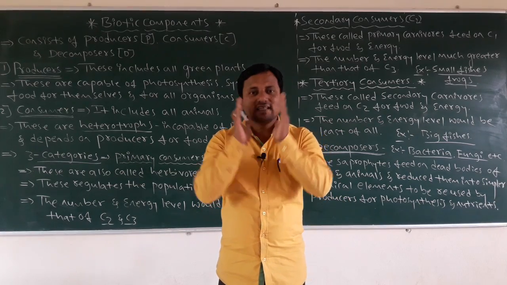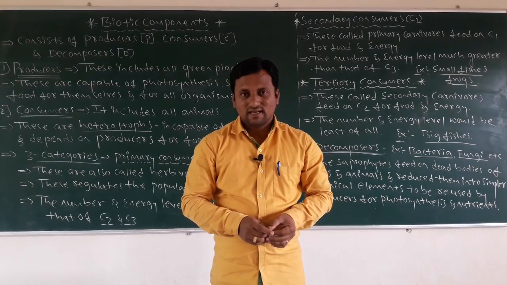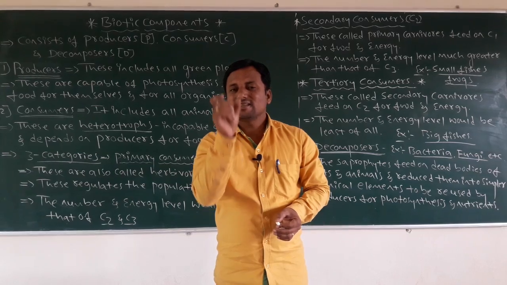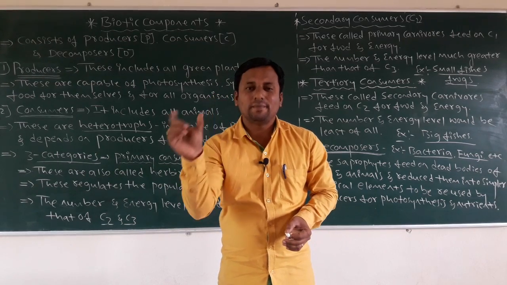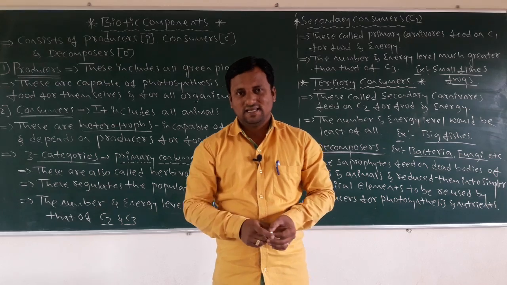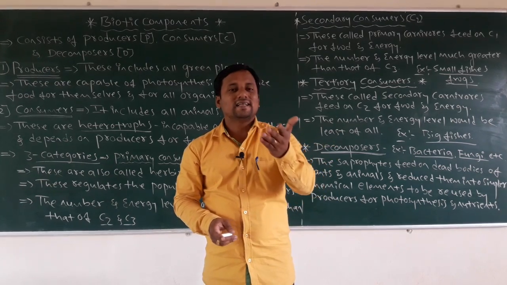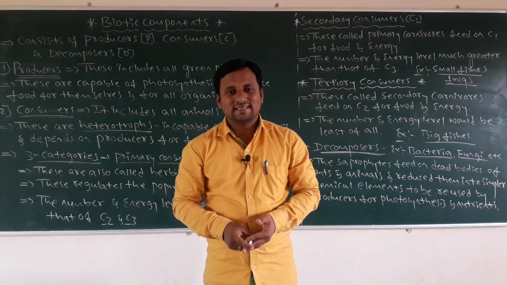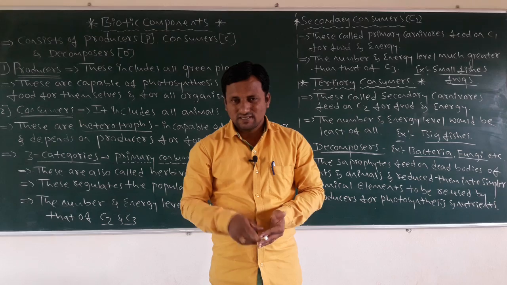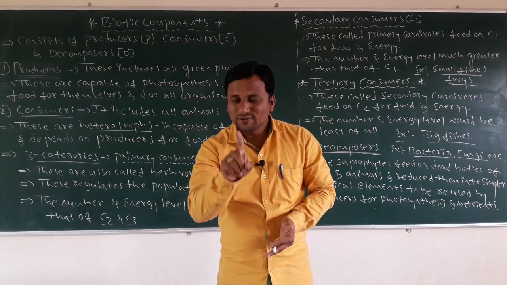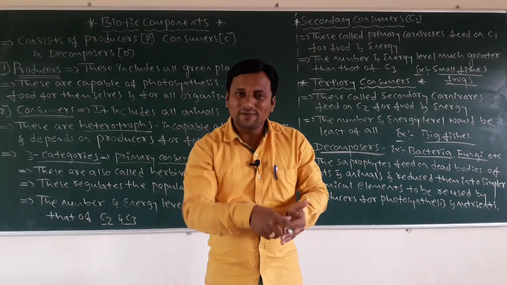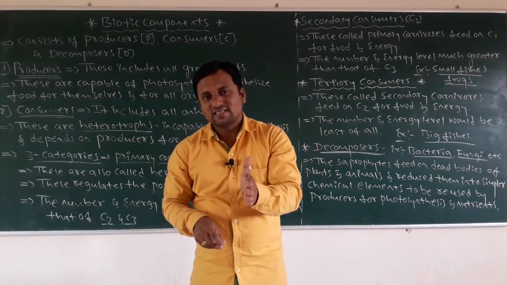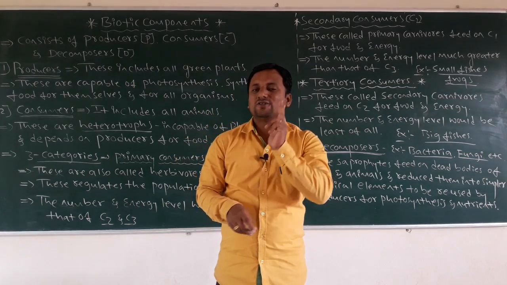Biotic components are related to living organisms, and abiotic components are related to climatic conditions, the factors present in the environment and atmosphere, like temperature, light, air, water, soil. These are all called abiotic factors, because living organisms must have an interrelationship with these abiotic factors.